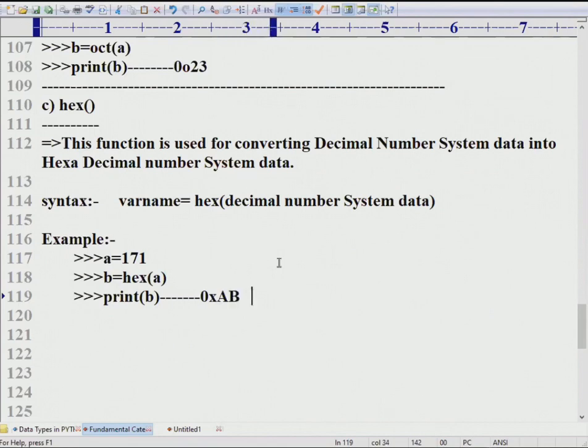You may get either capital AB or small ab, no problem.